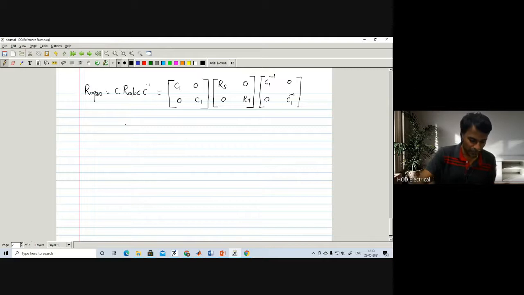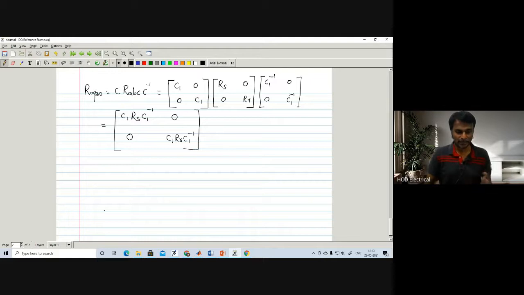If you multiply this entire term, we get C1 RS C1 inverse, then 0, 0, and C1 RR C1 inverse. So this is the final value of this resistance matrix.